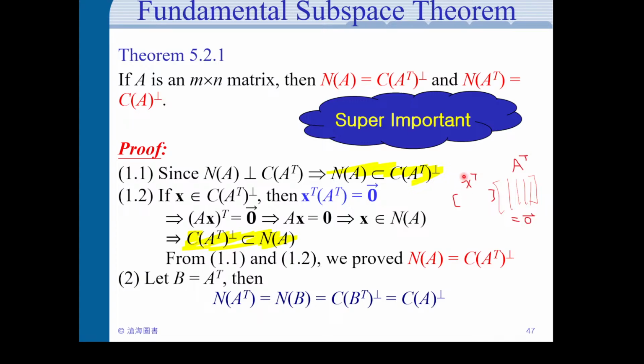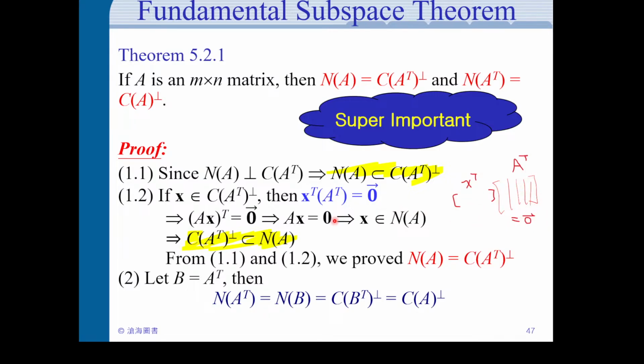By definition, because x is perpendicular to every column here, x transpose multiplied on every column must be 0. Then x transpose multiplying A transpose gives a row vector, and each element of this row is just x transpose multiplying a column, and it should be all 0.